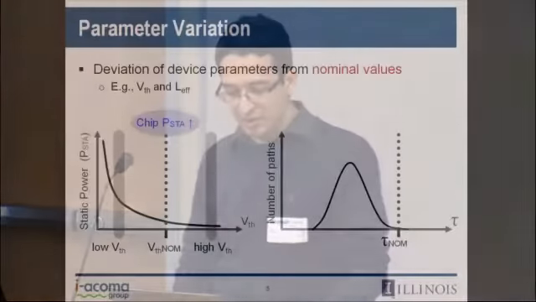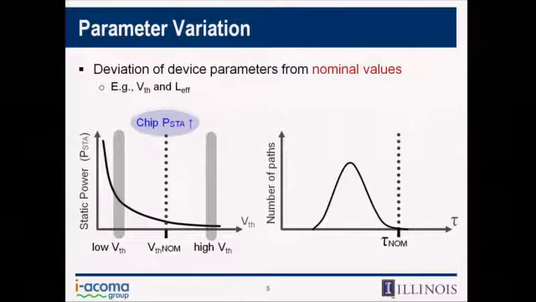And here I have two plots. The one on the left-hand side shows the static power versus threshold voltage. When you have a nominal chip, there's a nominal threshold voltage, and that maps to a certain static power. As you add parametric variation, some devices will have a lower VTH, and some of them a higher VTH.